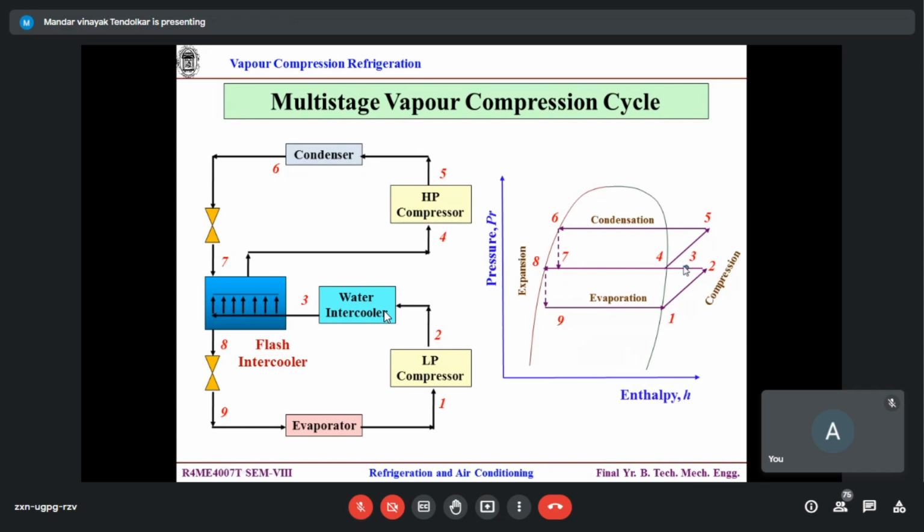I repeat it. 3 to 4 sensible heat rejection of gas, 7 to 8 latent heat rejection of liquid, and 7 to 4 is the latent heat addition for the vapor part. 7 is the mixture, liquid plus vapor. ये liquid rejection है, vapor addition है.